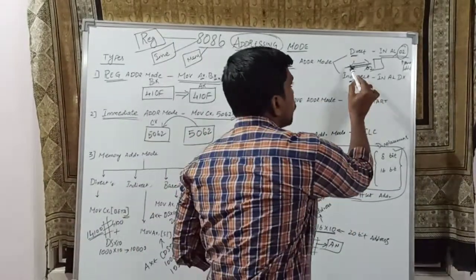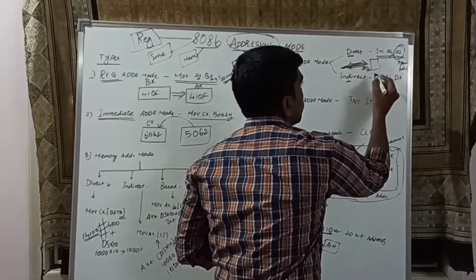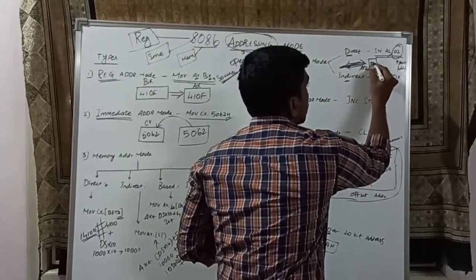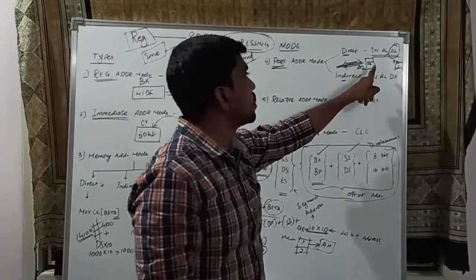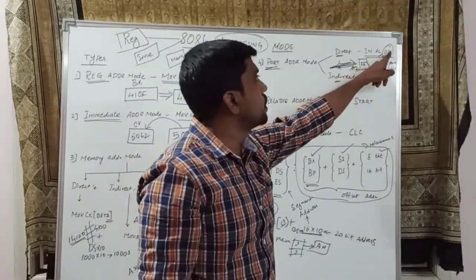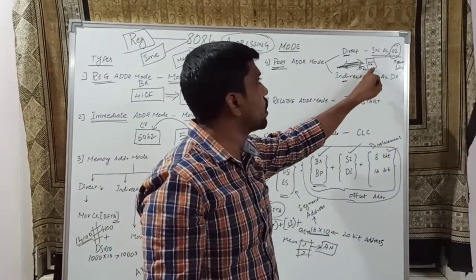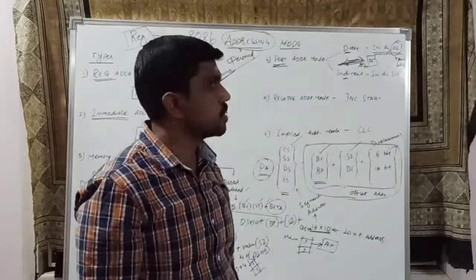Whatever value flows in port 02, that value is transferred to AL. For example, 05 flows in the port. This 05 value is transferred to AL. So after execution of this instruction, 05 is moved to the AL register.